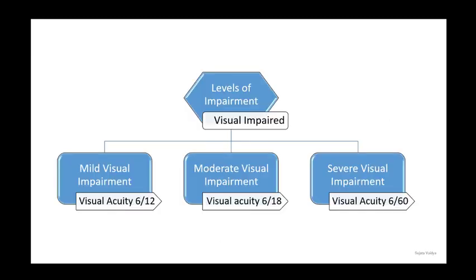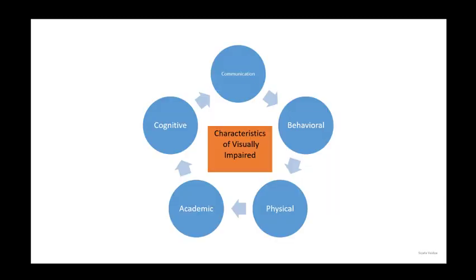There are different levels of impairment: mild visual impairment, moderate visual impairment and severe visual impairment, that means a totally blind person. Vision is the most active sense organ of the human being. Visually impaired children are experientially deprived in terms of range and variety of experiences.